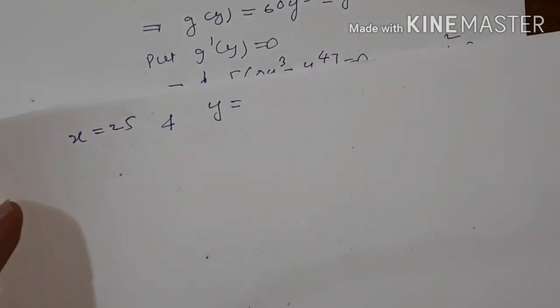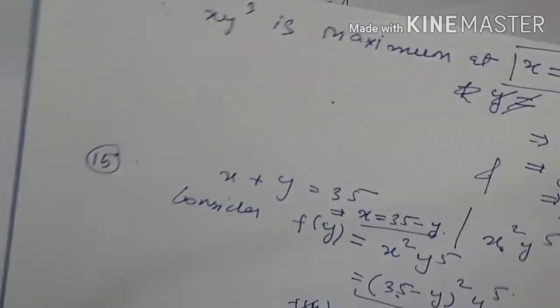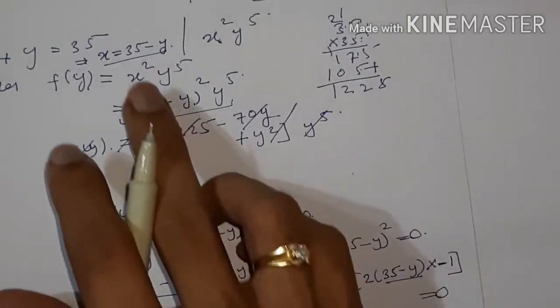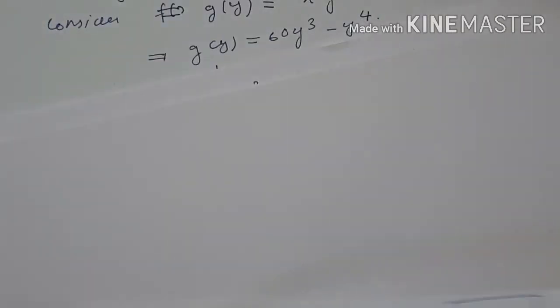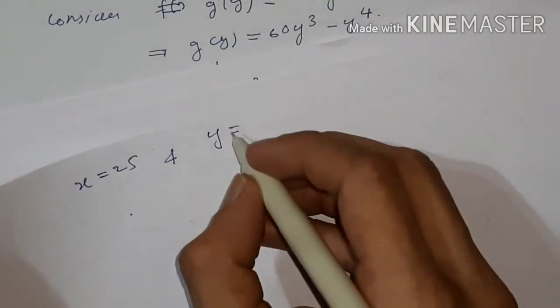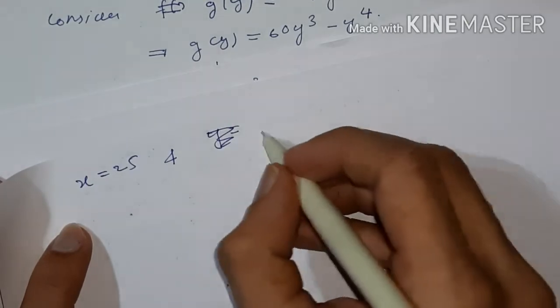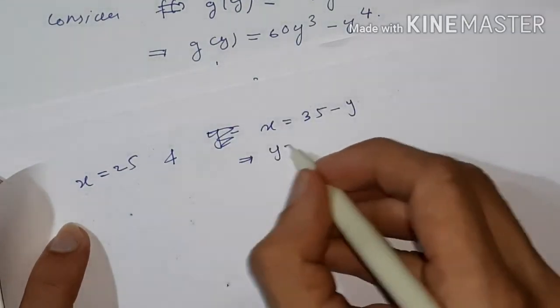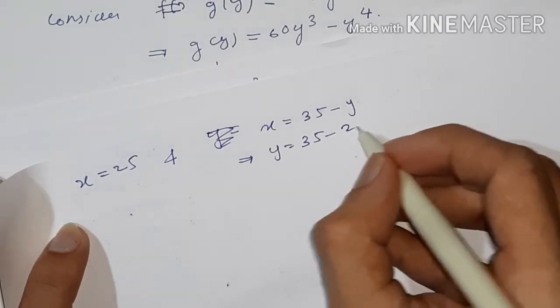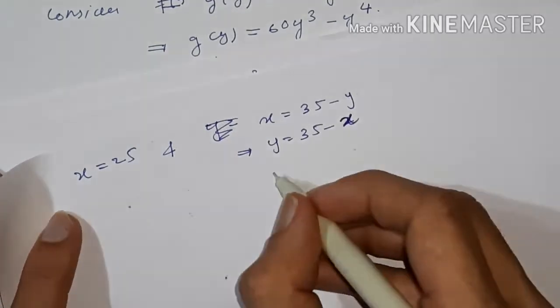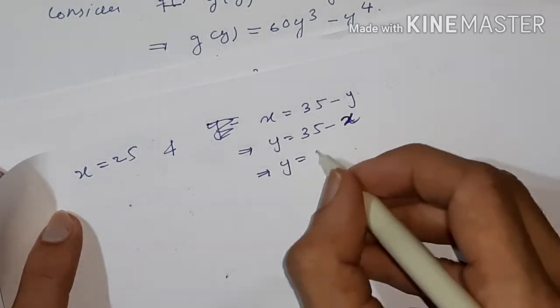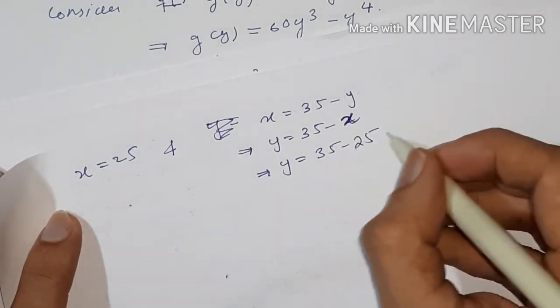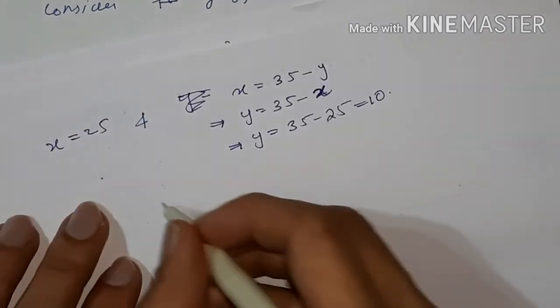we have taken x is equal to 35 minus y. Okay, so x is equal to 35 minus y. So y is equal to what? 35 minus x, right? So y is equal to 35 minus 25, which is 10.